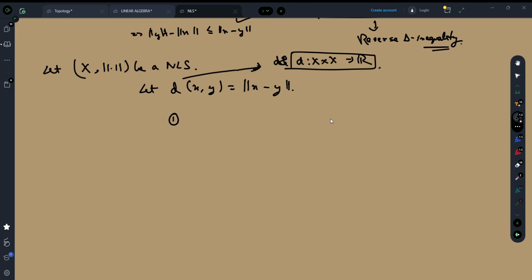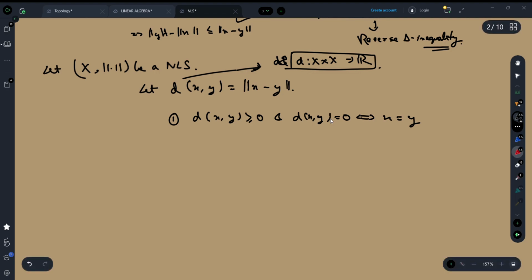Observe that it has these properties. Property number one is that d of x, y is always greater than or equal to 0, because the norm of any vector is always greater than or equal to 0. x is a vector, y is a vector, x minus y is obviously a vector by the closure property of the additive operation on X. So it's obviously non-negative by the definition of a norm. And d of x, y is 0 if and only if x is equal to y, right?